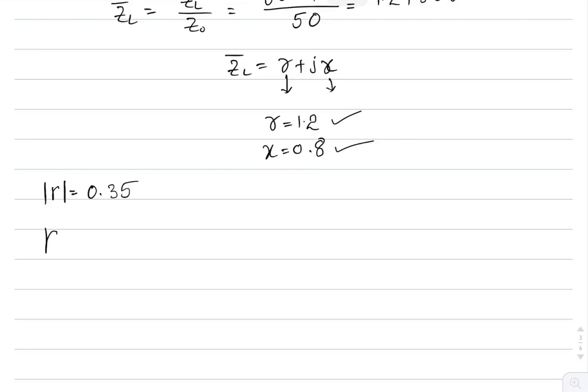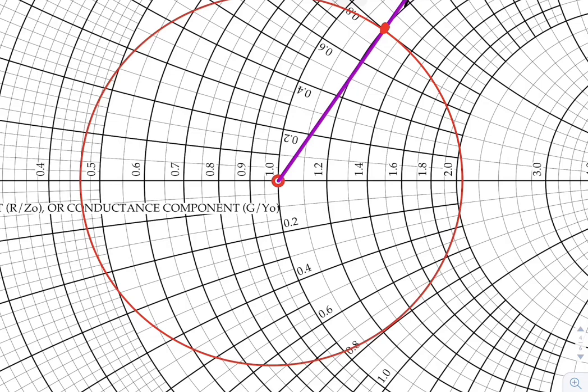But if you want gamma equal to the magnitude of gamma and the phase of gamma, that is theta suffix gamma, now you have to find theta gamma. During the construction of the Smith chart, we represented theta gamma as this quantity. Therefore, I need this angle now.